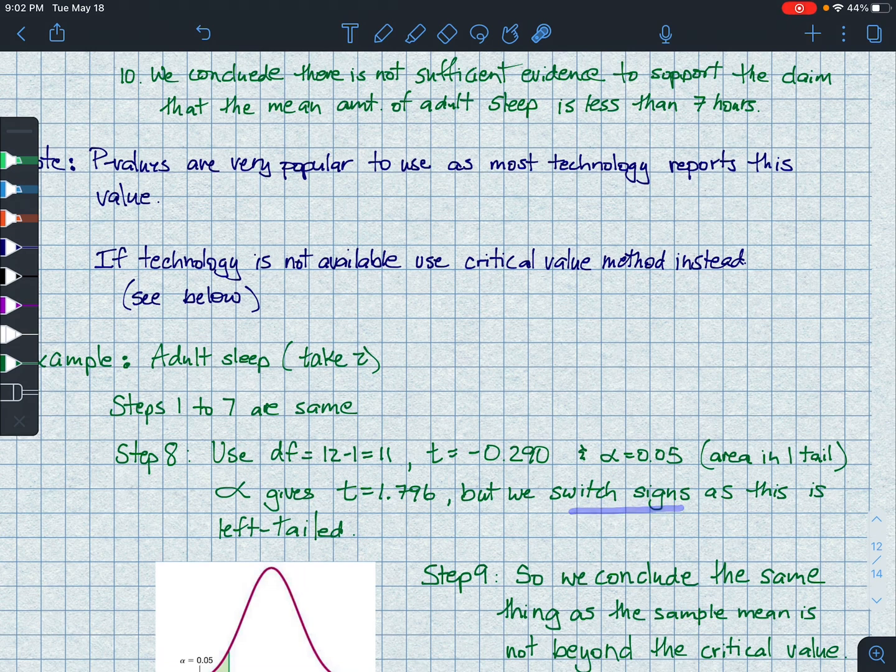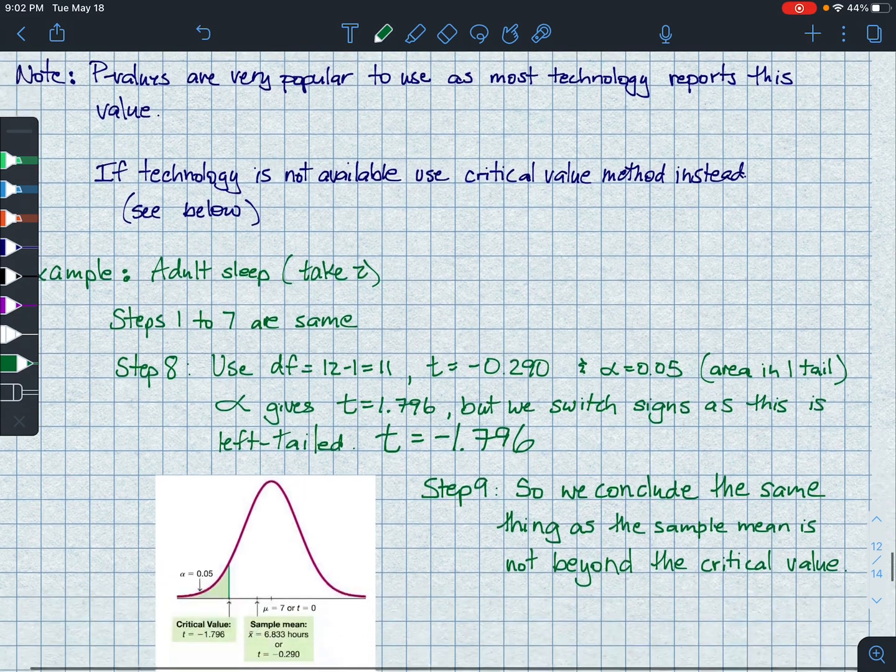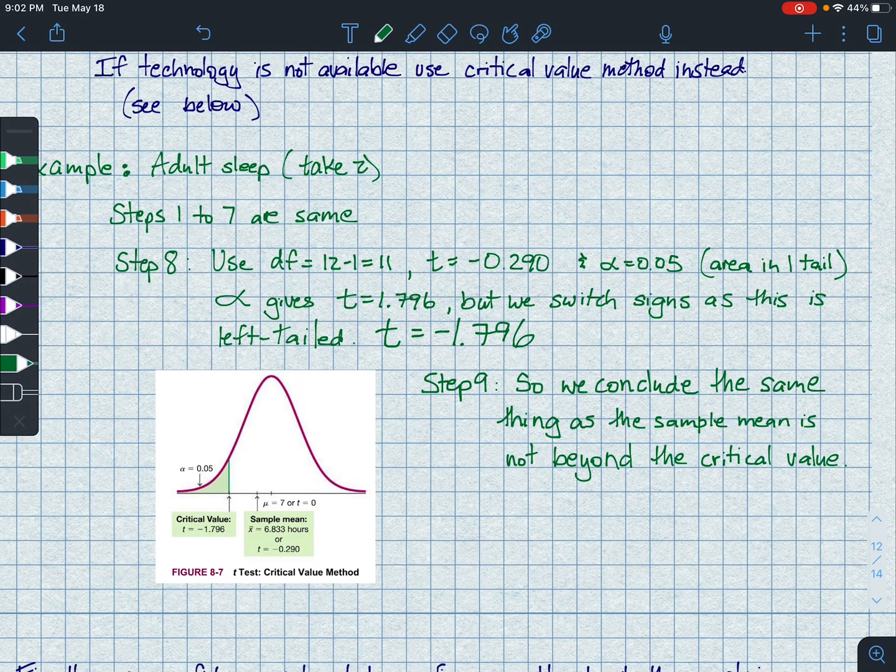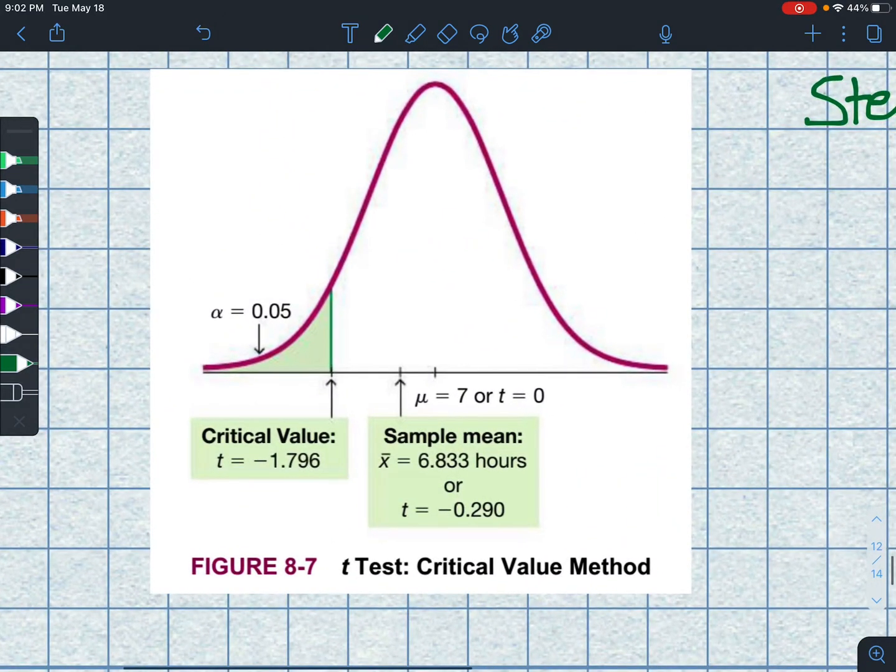We need to switch the signs as this is left-tailed, so our critical value is actually negative 1.796. All right. Step 9, we conclude the same thing. You can see here that our t-value is here and our tolerance is here.